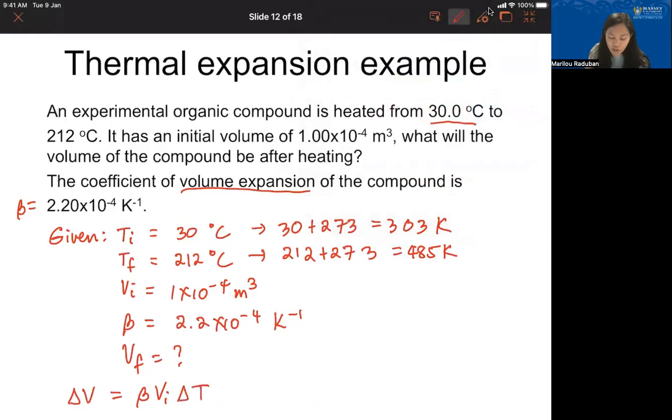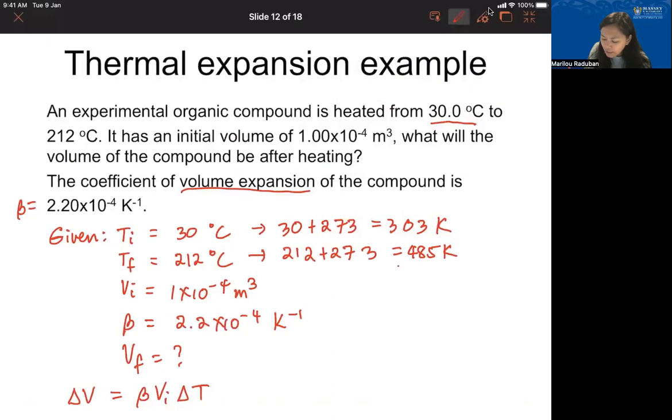Okay. So in the equation for the change in volume, we can see that it's a change in temperature. And we learned earlier that if you're getting the change in temperature, degrees Celsius is equal to Kelvin. So if you forgot to convert your temperatures to Kelvin, that should also be all right.